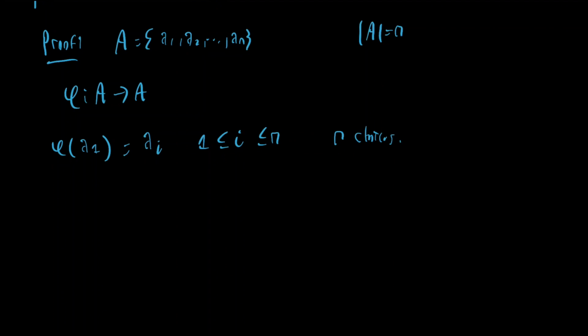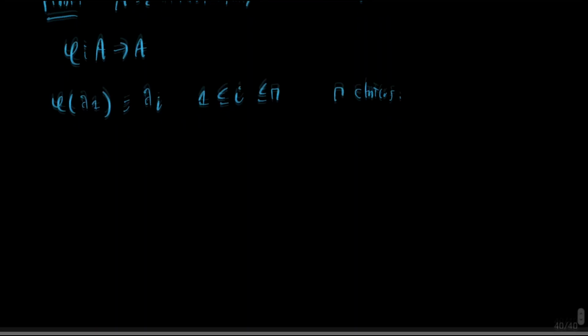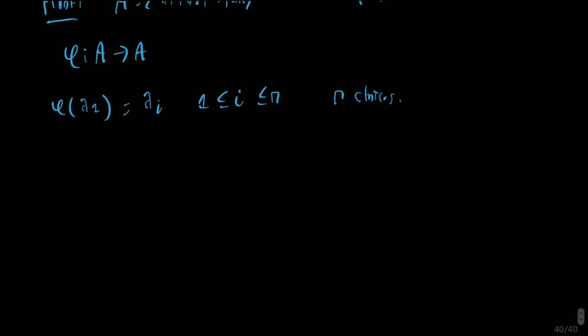But remember, this is a bijection, so it is surjective and injective. We do not want to take the same element again, because then we would lose injectivity. And so what do we do for the second element? How many choices do we have? Well, again, we can map it to an element Ai, where i is between n and 1, but notice here that i needs to be, actually let's call this I2, this is I1.